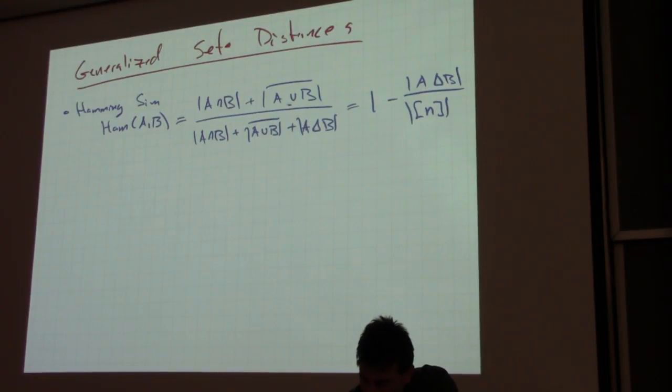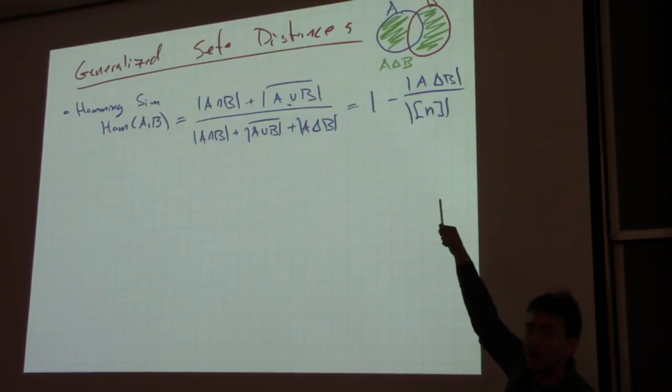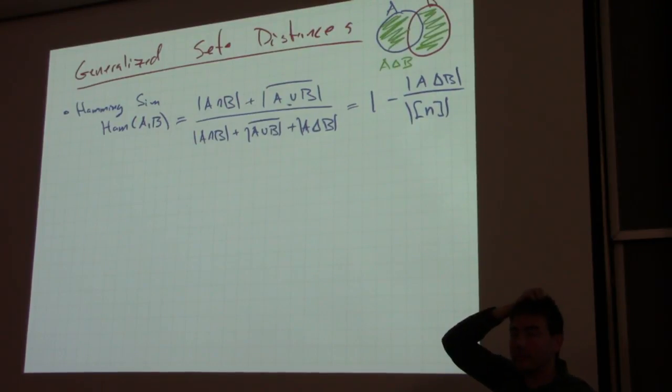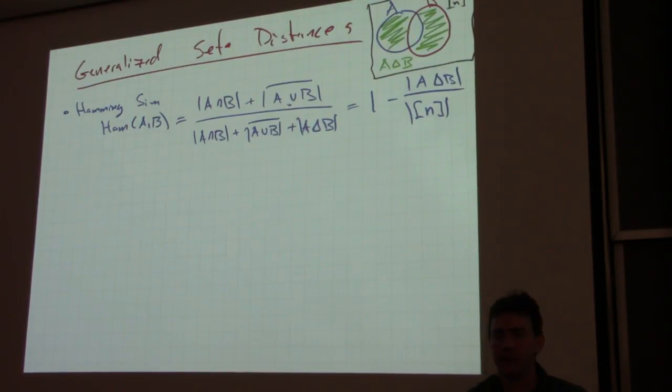And if you don't remember what the symmetric difference is, if this is a set A and this is a set B, then the symmetric difference is the stuff that's in A or B, but not in both. Think of there being some overall domain here. So it's like an exclusive OR. It's a set operation.